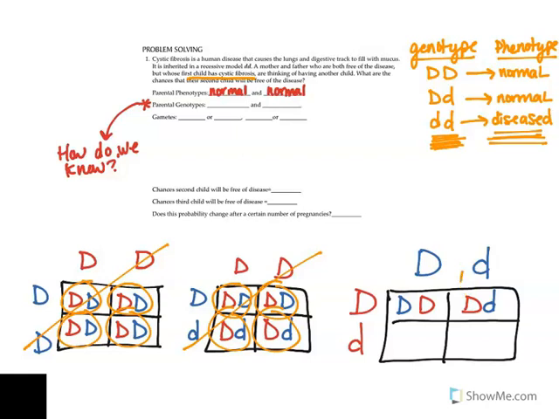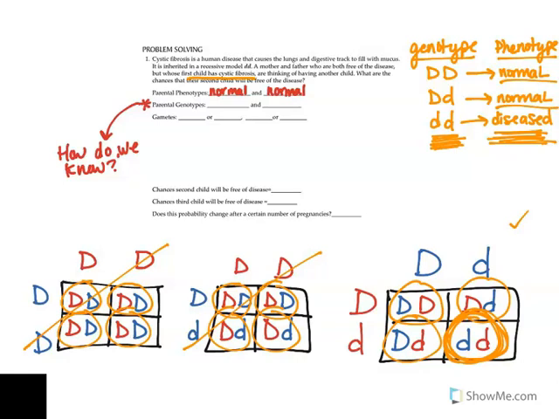It's just good practice. Looking at my results, homozygous dominant, that offspring will be normal. Two heterozygous, normal as well. But look, we have an offspring that could get cystic fibrosis since they're homozygous recessive, or diseased. So the parents' genotypes must both be heterozygous.